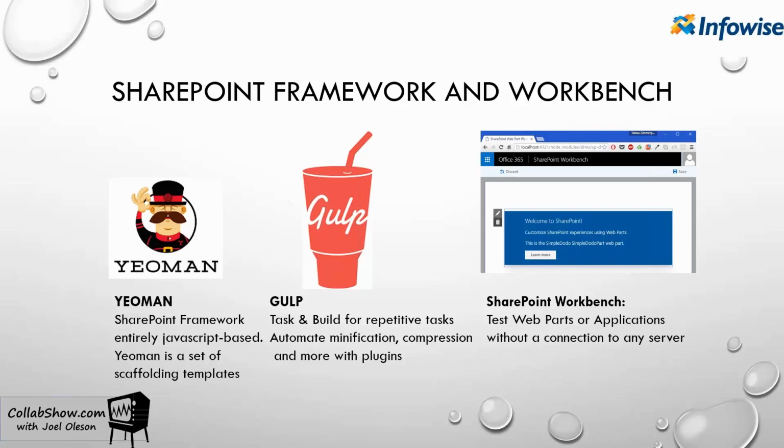The other thing we have is Gulp, which is designed around task and build for repetitive tasks, automating things like compression and minification, and there's a bunch of other plugins you can use to automate your development process. So again, this isn't necessarily automating SharePoint workflows, but it's automating SharePoint development for solutions you might be building.